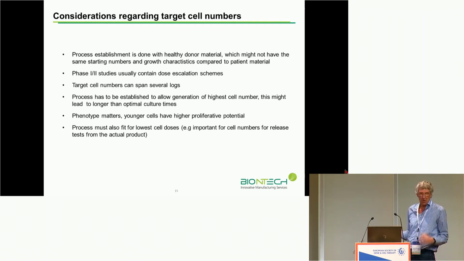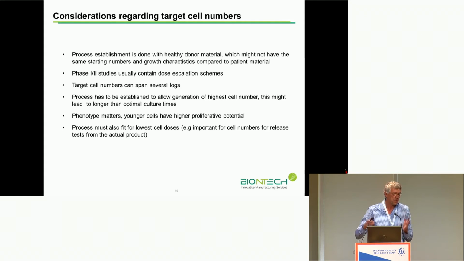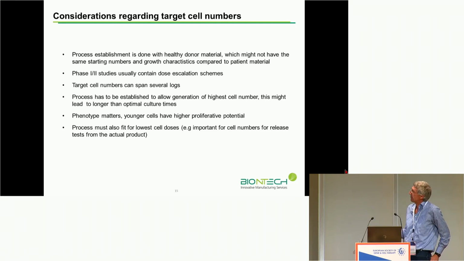And that can lead to longer than optimal expansion times. From a cost perspective, but also from a cell functionality perspective, you want young cells. You want to harvest maybe on day 7 or on day 10 of the process, but because you committed to very high cell numbers and to a cell expansion system, you find out during process development that you have to culture for 14 days to reach these cell numbers.